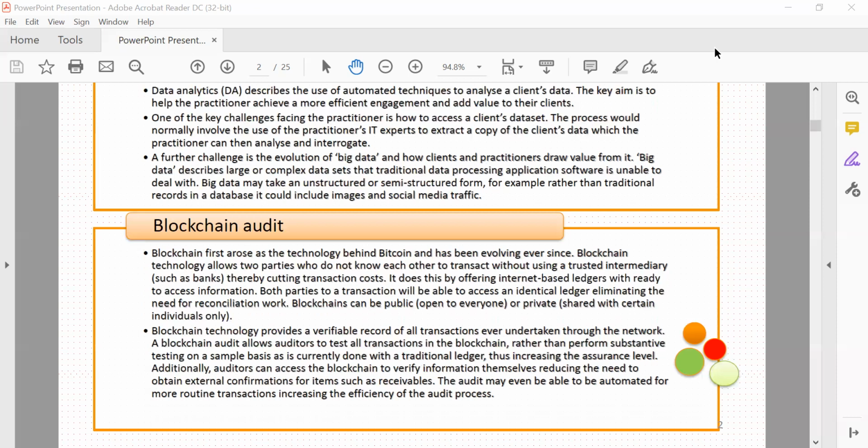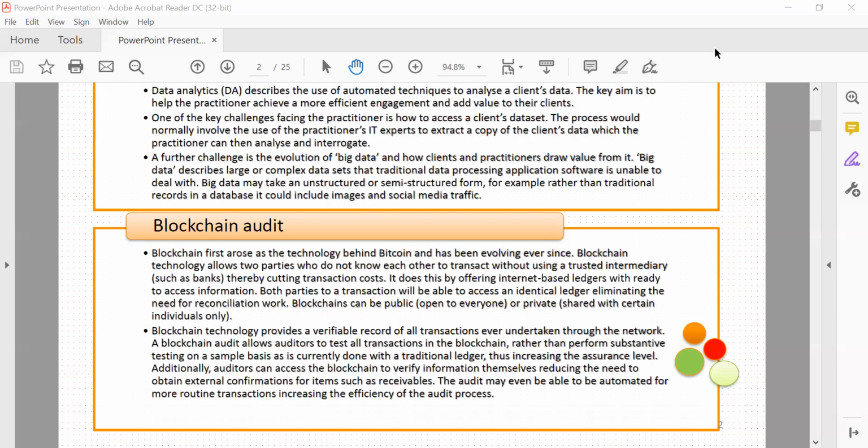But essentially, what you need to understand about blockchain is it takes out the intermediary from the transaction process and allows unknown parties to transact, and therefore substantially reduces transaction costs.